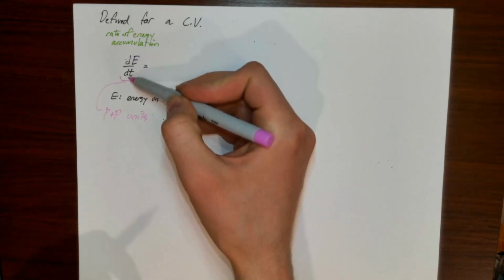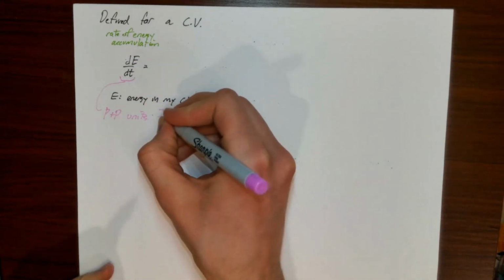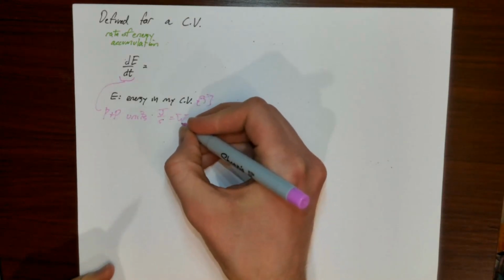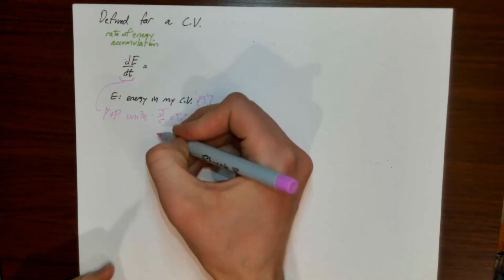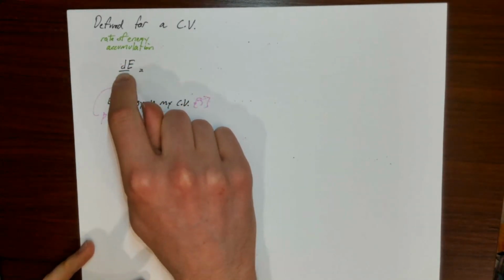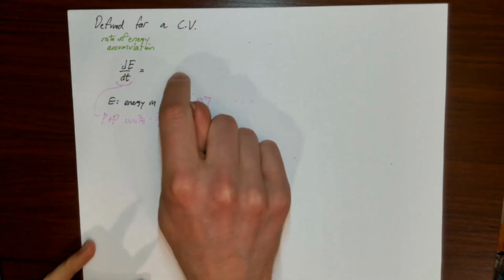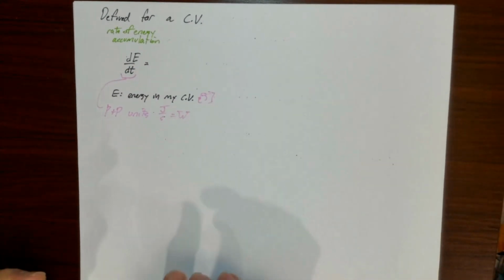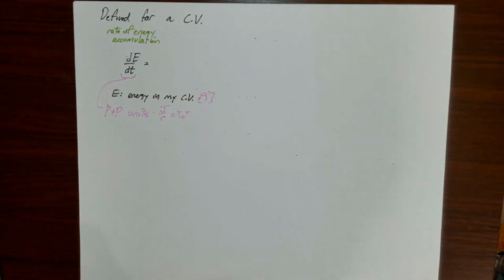So our time derivative of energy is going to have units of joules per second, or watts. Because the left-hand side, our accumulation term, is going to have watts, all of these other terms are going to have watts as well.